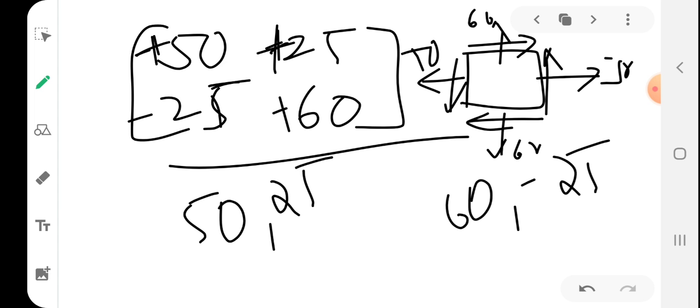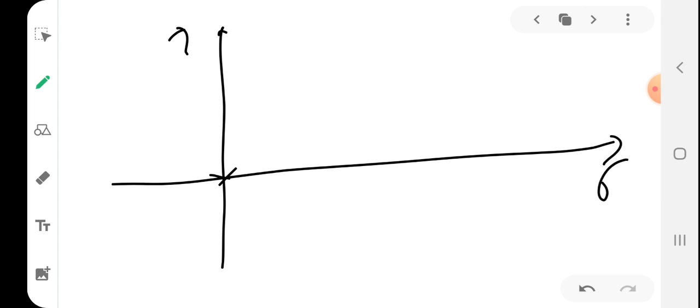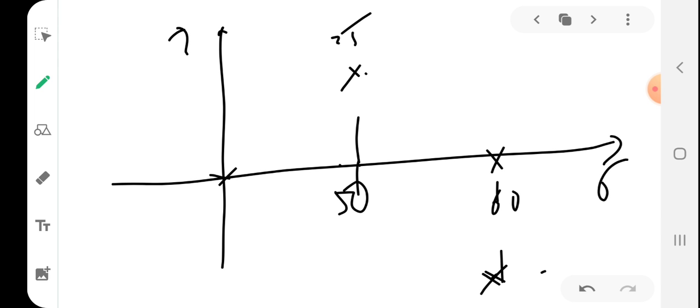Okay, so anti-clockwise as positive and clockwise as negative. Don't worry about that, you just have 2 points, one is 60, one is 50, right? Corresponding to 60, this is our point, minus 60 to minus 25, and this point is 50, 25. So this is 25, this is 25.